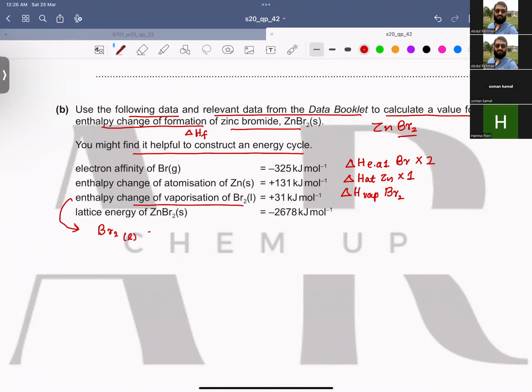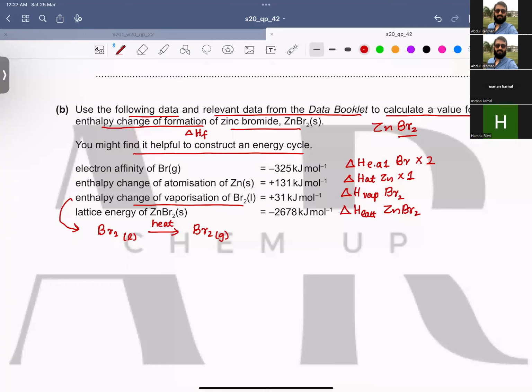There is 1 mole of bromine which is liquid, and by providing heat, that 1 mole of liquid bromine is converted into 1 mole of bromine gas. And here we are provided with the enthalpy change lattice energy of ZnBr2.